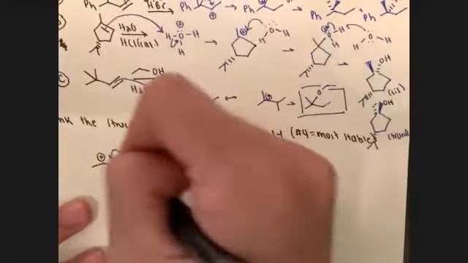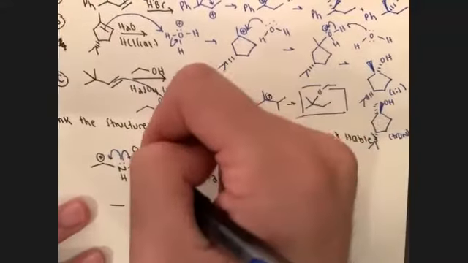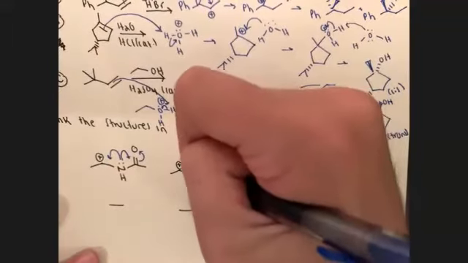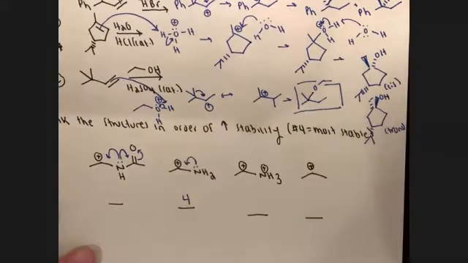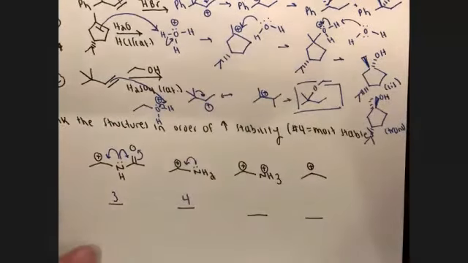So it can donate and fix that deficiency, but it's also slightly tied up in resonance with this carbonyl. So it doesn't have as great a stabilizing effect as this one would, because this structure has complete donation to that deficiency, and it's not tied up with any other structure. So I would say this would be my most stable structure. And then this one would be my next most stable structure, because they both have resonance.